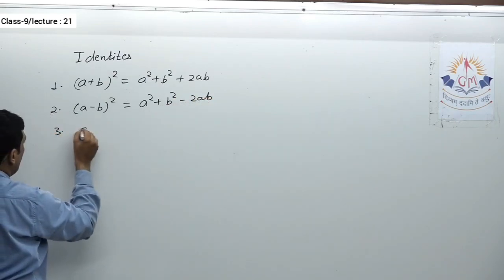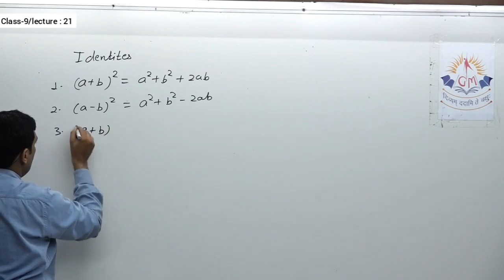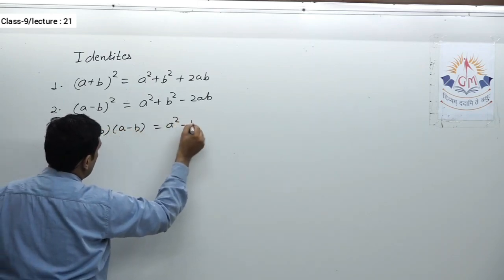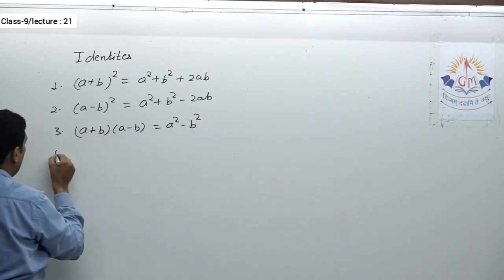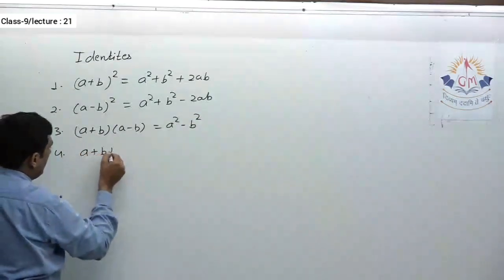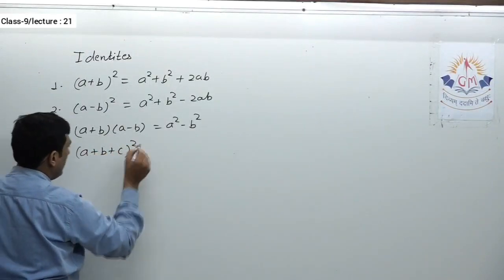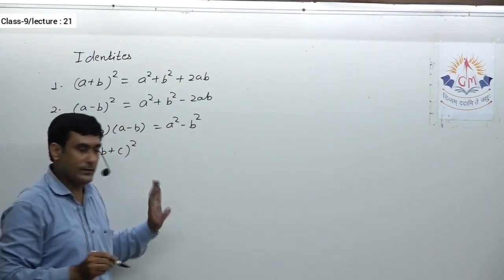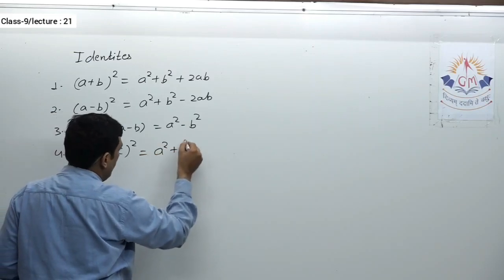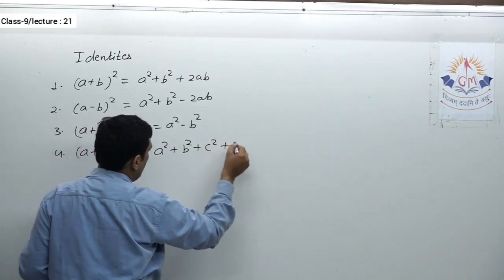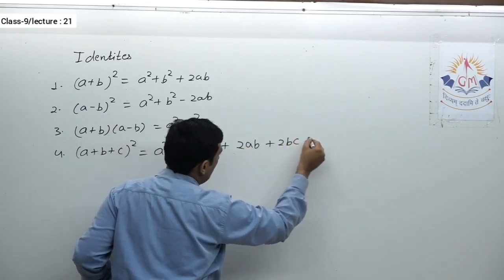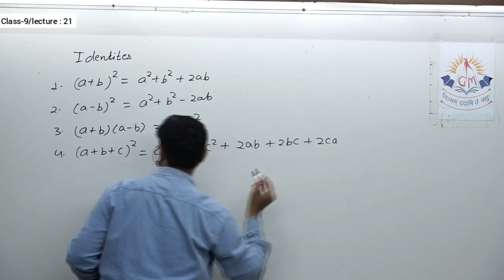Third one was a plus b times a minus b, that is a square minus b square. Fourth one was a plus b plus c whole square, and over there we saw different variations as well: a square plus b square plus c square plus 2ab plus 2bc plus 2ca.